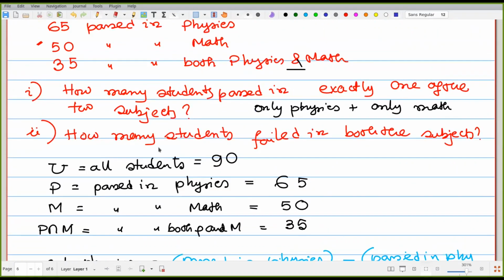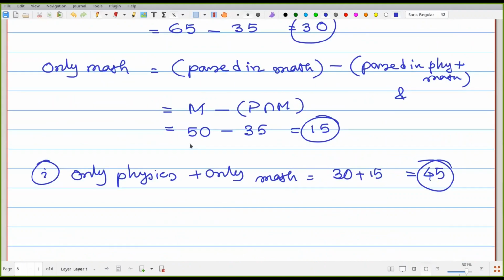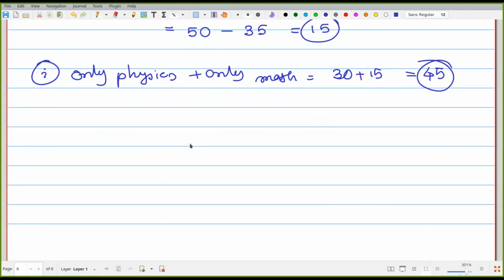Then second question, how many students failed in both the subjects? That means no pass for physics or math. So the second question, failed in both.